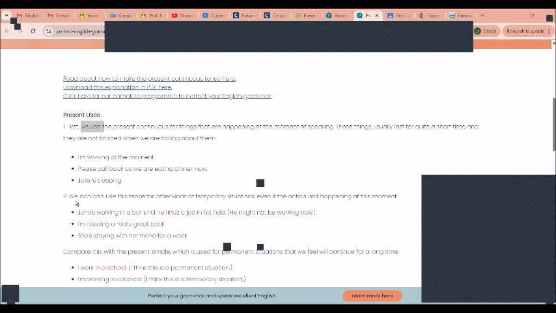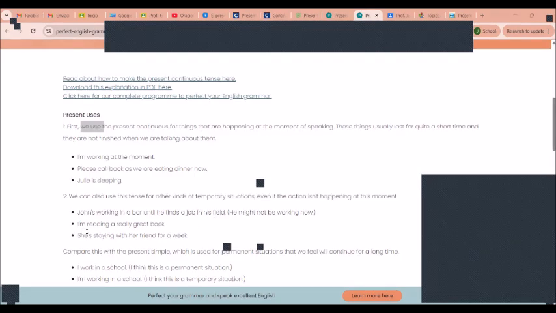Two, we can also use this tense for other kinds of temporary situations, even if the action isn't happening at this moment. John's working in a bar until he finds a job in his field.